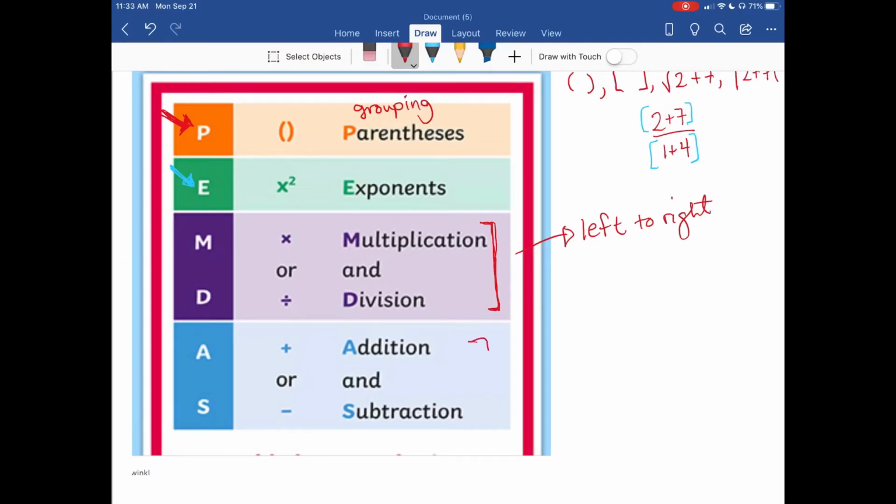I'm going to multiply if that's the first thing that I do, and then if it's followed by division, that's going to be the second thing I do. And then the last two that end our order of operations are addition and subtraction, also in the same cell, and also we treat that like we would in reading. We go left to right and we perform those operations in that order.